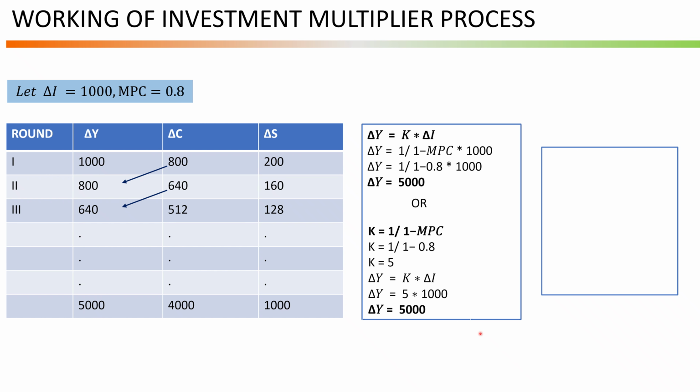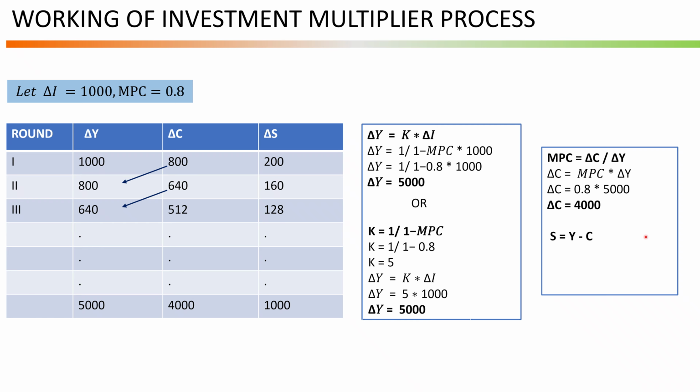Similarly, we can calculate the value of delta C by using the formula MPC is delta C upon delta Y, since MPC is the ratio of change in consumption to change in income. We substitute the value and we get the value of delta C as 4,000 crores.